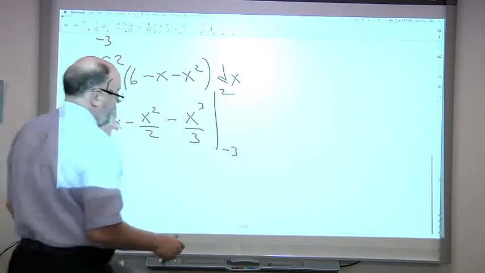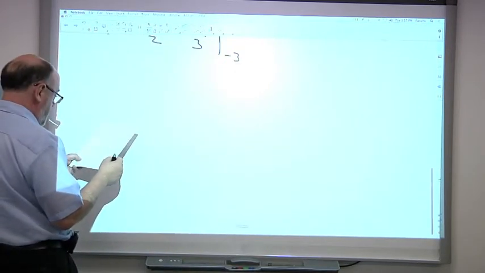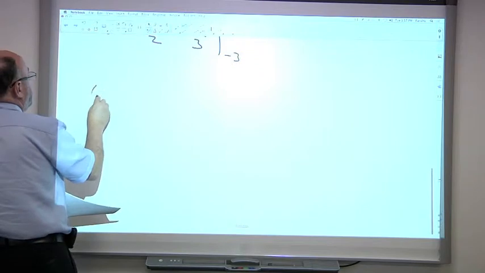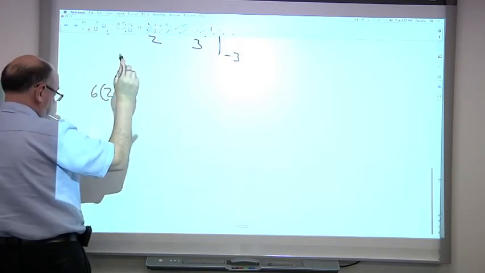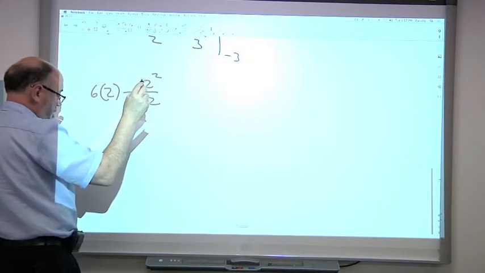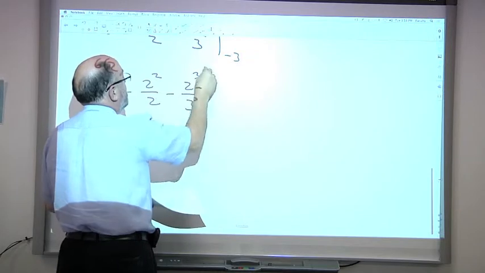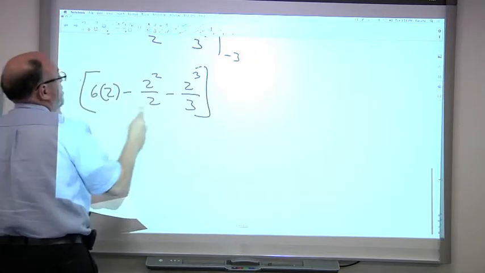So the next part is to number crunch this, and so we end up with 6 times 2 minus 2 squared over 2 minus 2 cubed over 3. That's the first number plugged in.